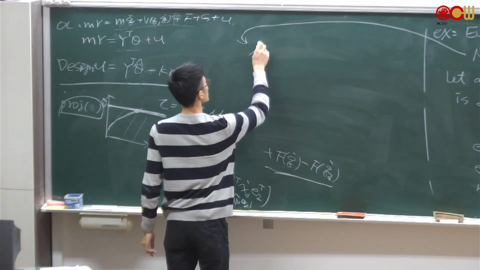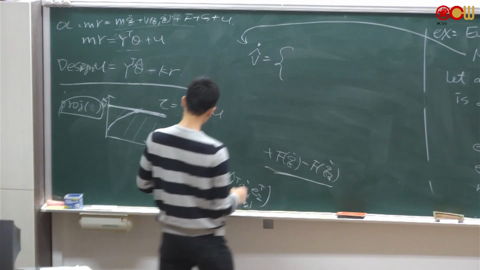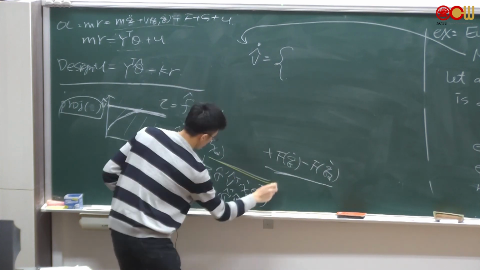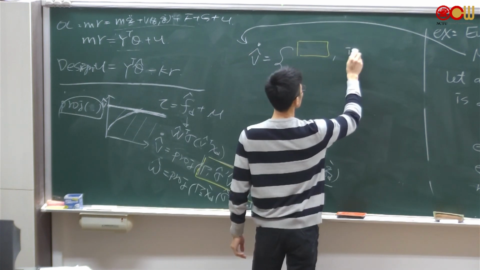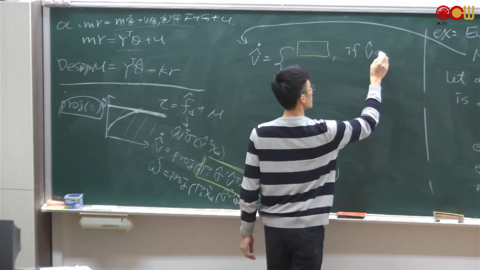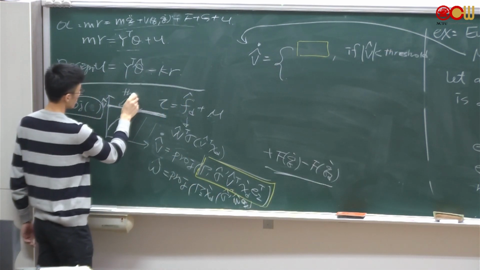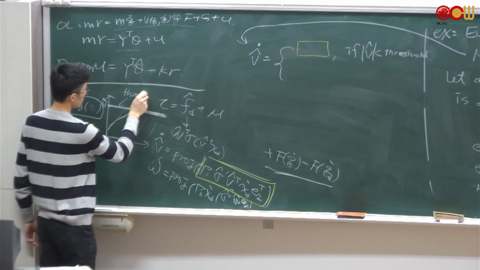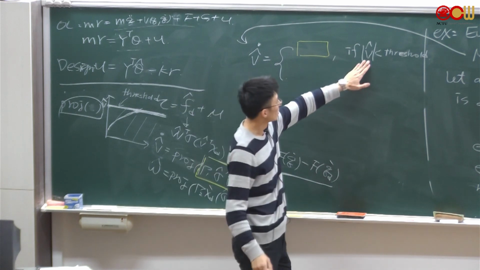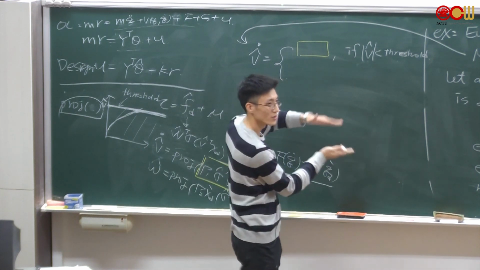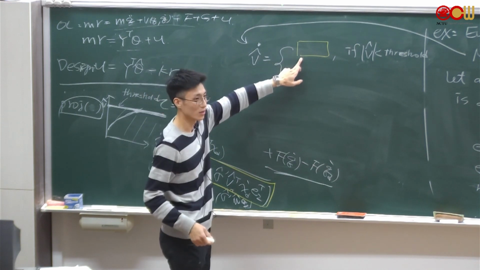V hat equal to this. Okay. If this is the threshold, some boundary, and V hat is less than the threshold, within the boundary, you are safe, then we use this adaptive law: V hat dot equal to this adaptive law.